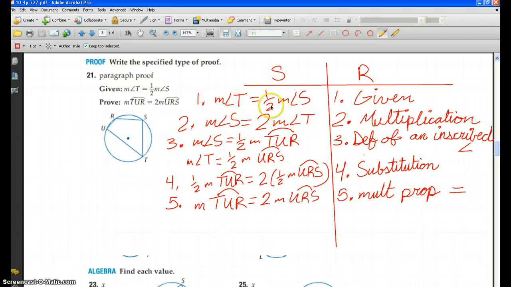I just multiplied both sides of my given statement by 2 to get a measure so that it just says what the measure of angle S is equal to.